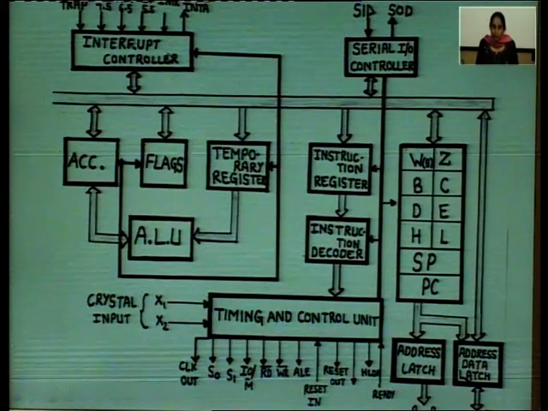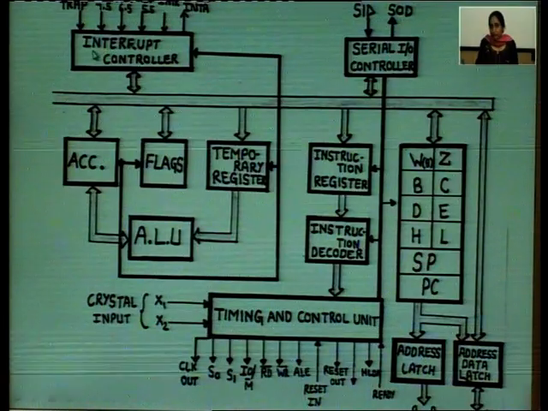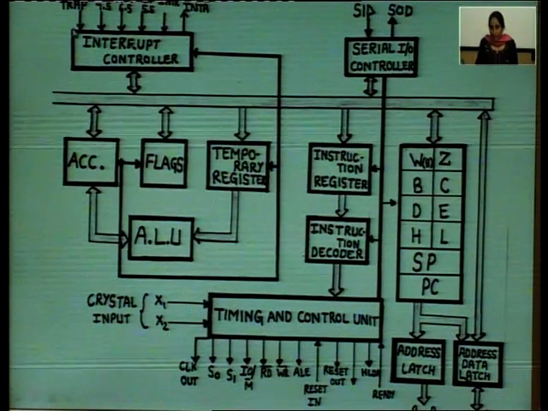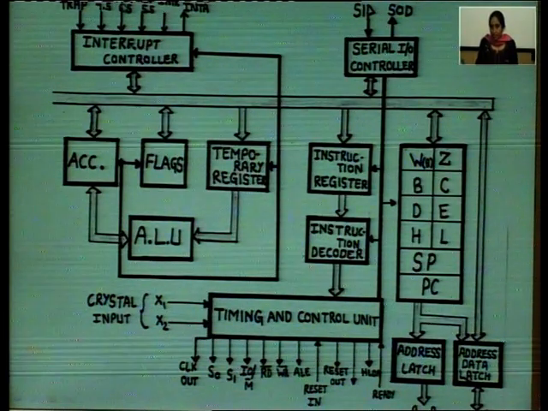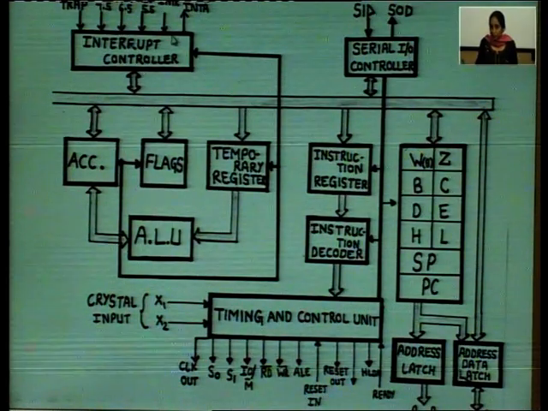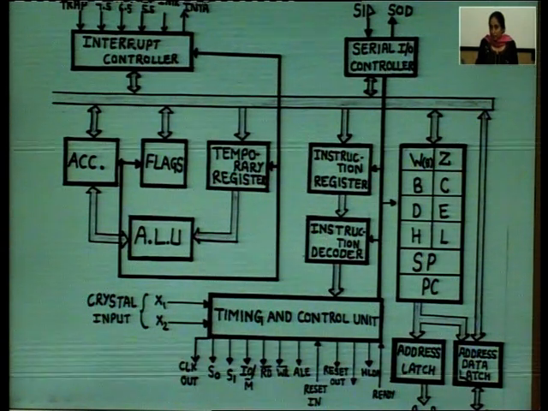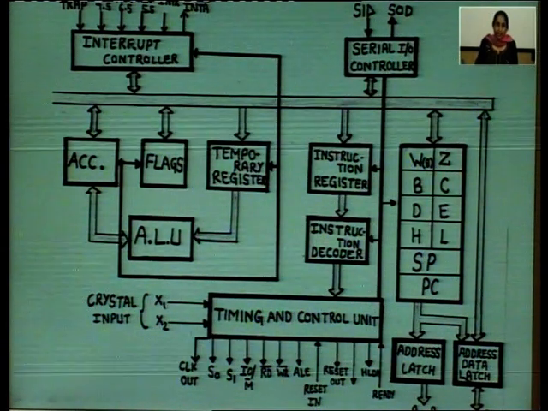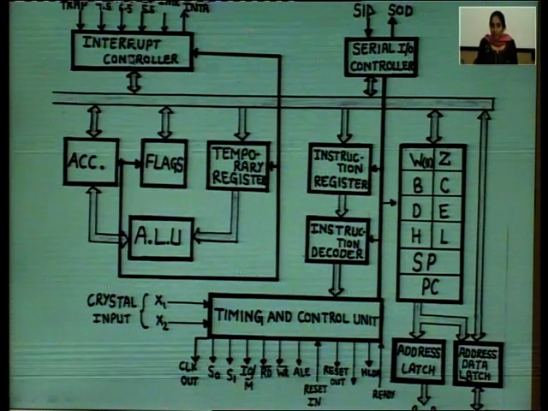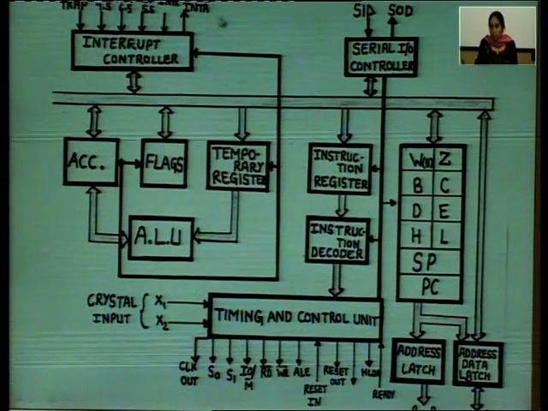The interrupt controller controls the various interrupts. 8085 has 5 interrupts: TRAP, RST 7.5, RST 6.5, RST 5.5 and INTR, and one output signal, that is interrupt acknowledge. Whenever 8085 receives an interrupt, it sends an output signal on the interrupt acknowledge active low pin.